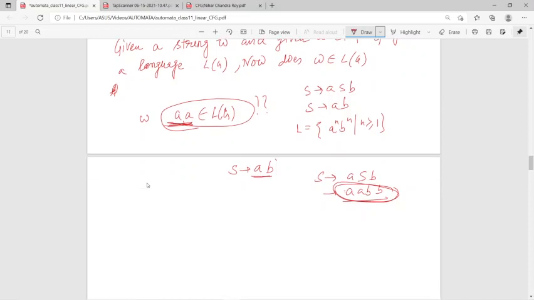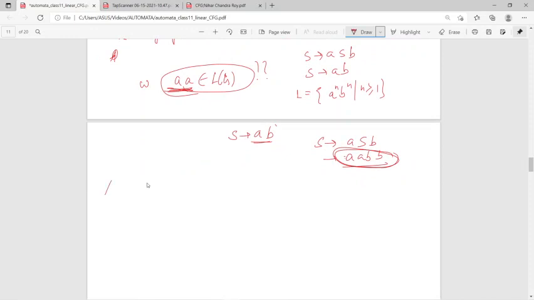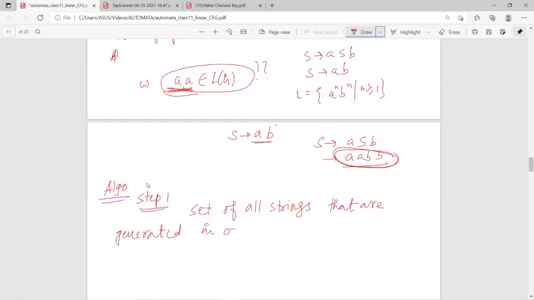That means if we write just a brute force algorithm for that, the algorithm should be like that. In step 1, find the set of all strings that are generated in one step, and now check whether the string is in w or not.